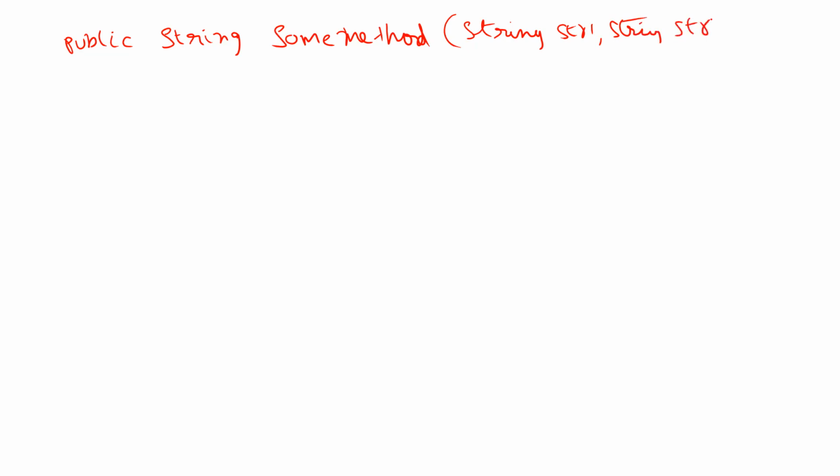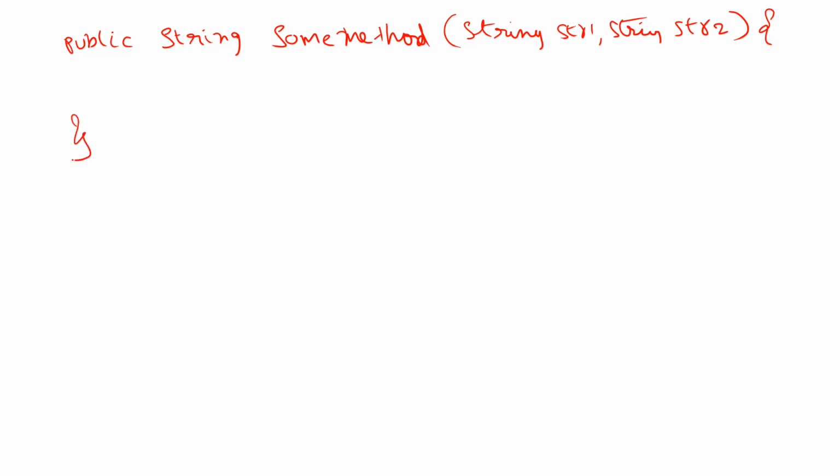If we want to create a method that accepts a string and returns a string value, first we declare the modifier, and since it returns a string, we need to mention the return type as string, and we write some method name here. Since it accepts some strings, we need to declare those strings here, string str1 and string str2, and we define the method body here.